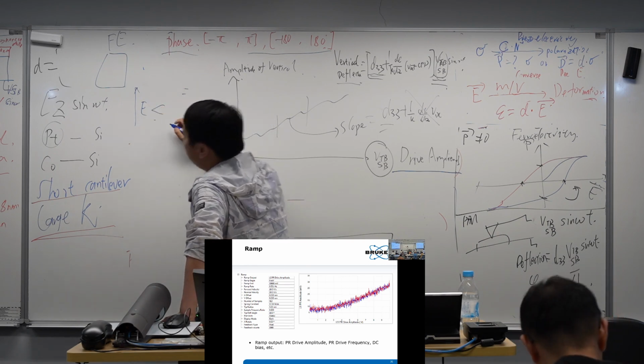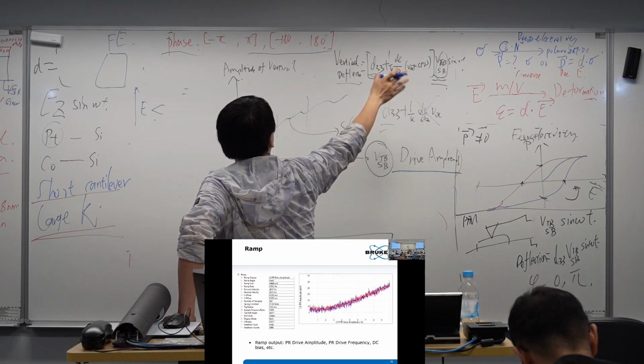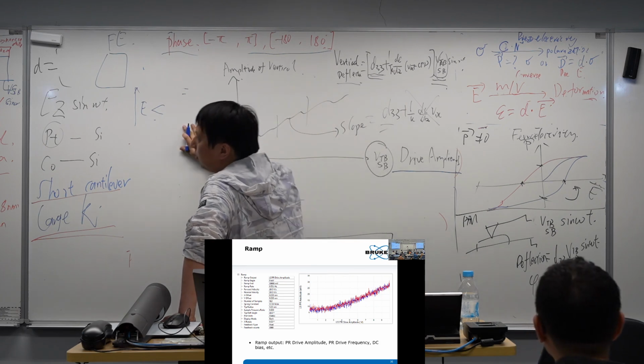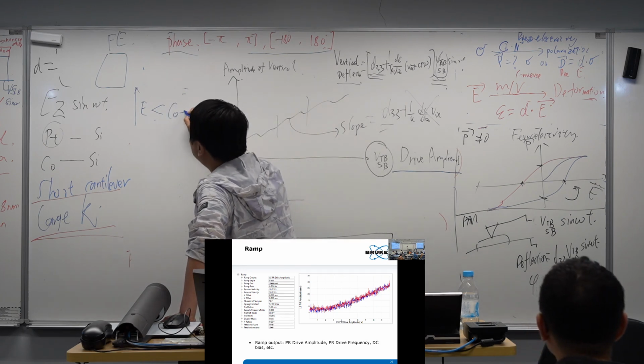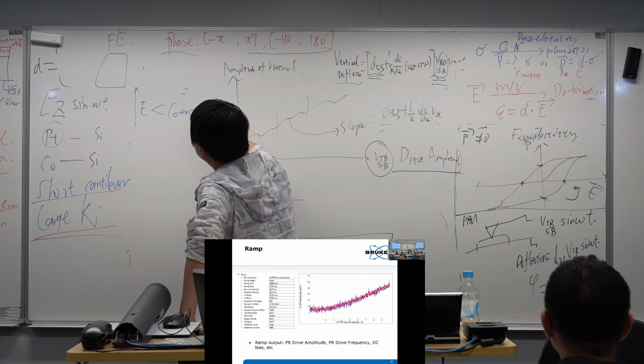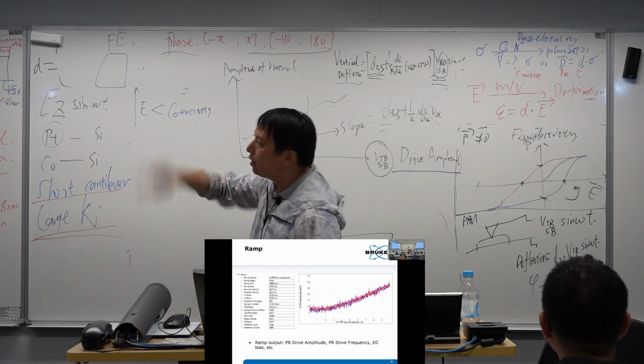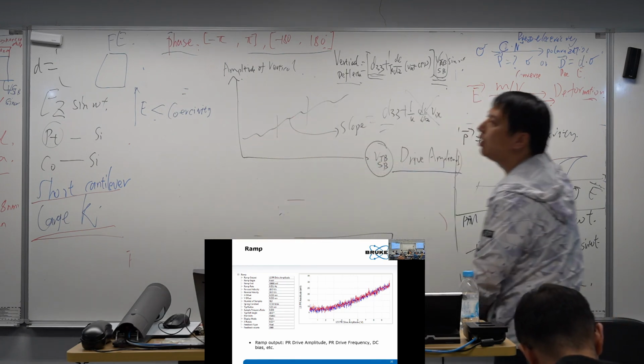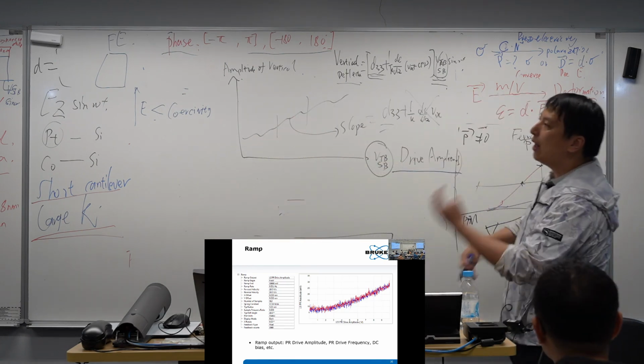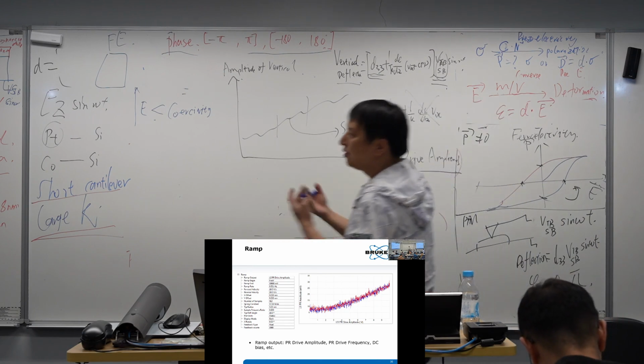So the electric field used to detect the piezoelectricity should be smaller than the coercivity. We don't want this field to switch the direction of the polarization. If we do that, we are actually polarizing the sample.